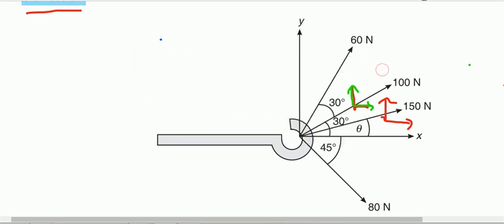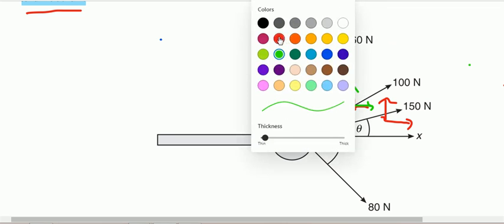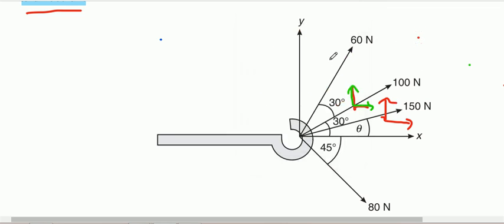Then what is the horizontal component and vertical component of 60 Newton? Observe the figure. 60 cos 60 is correct, because this is the inclined force. We need the inclination with respect to x-axis.